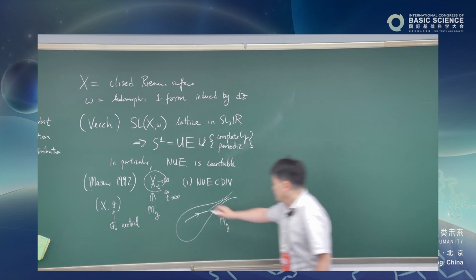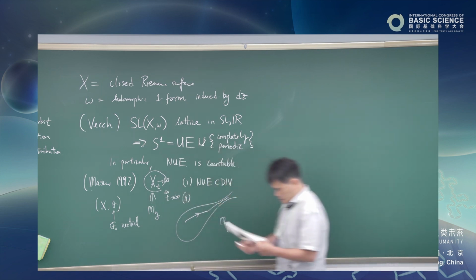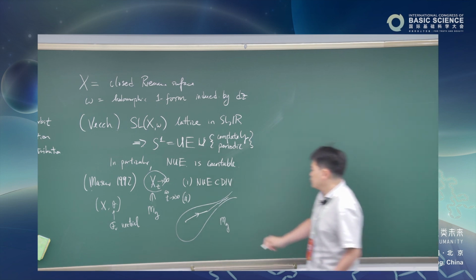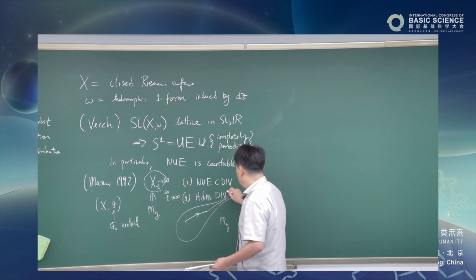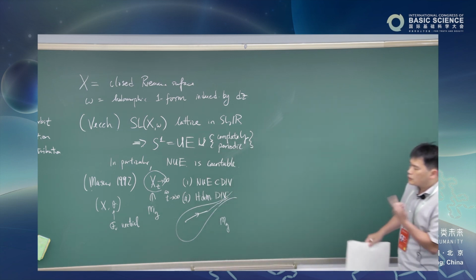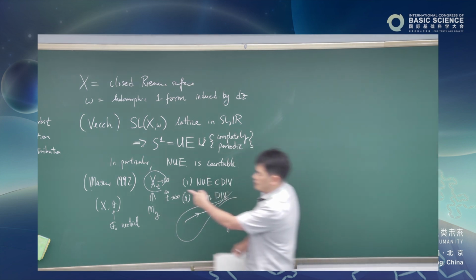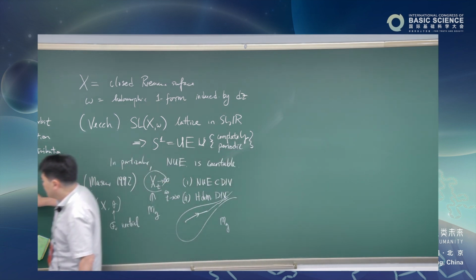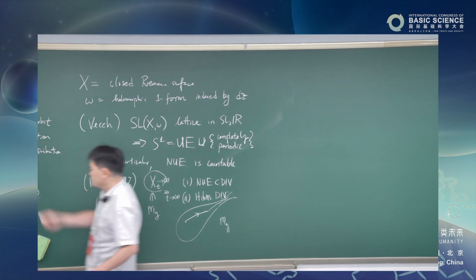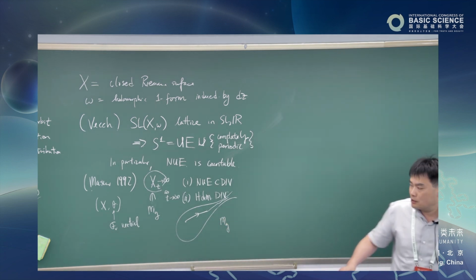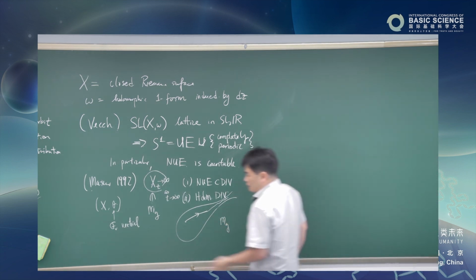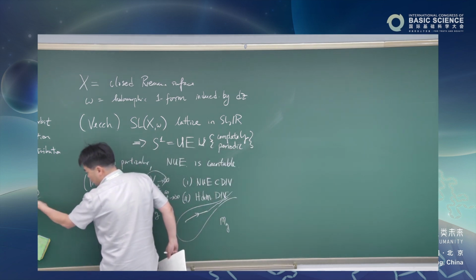So the second result that I want to mention here is about the Hausdorff dimension. The next question you would ask, after you know that almost every direction is Lebesgue measure zero, is how big is this exceptional set of measure zero? Can it have any Hausdorff dimension between 0 and 1?